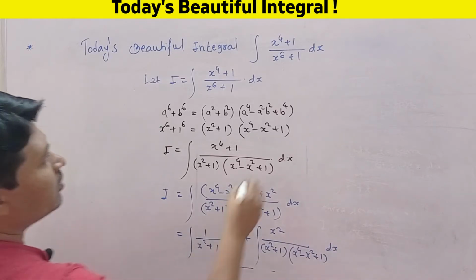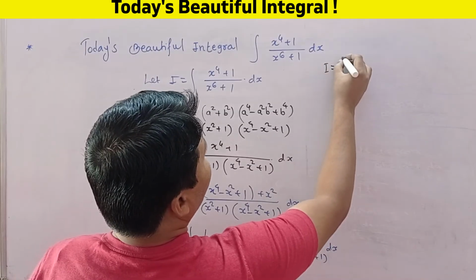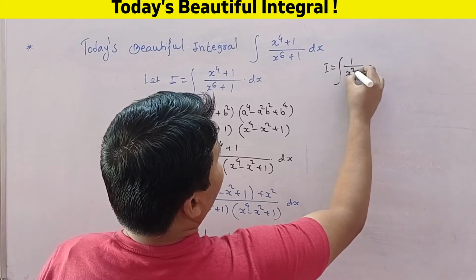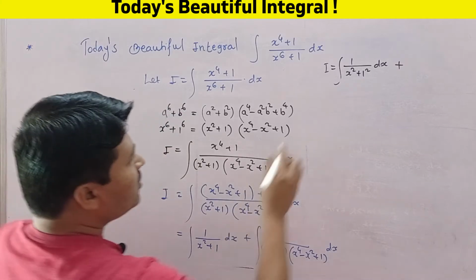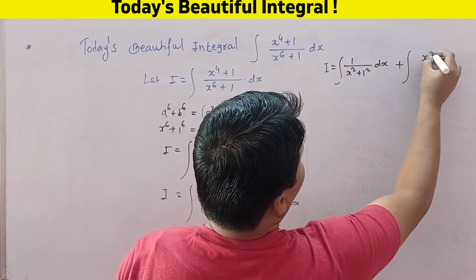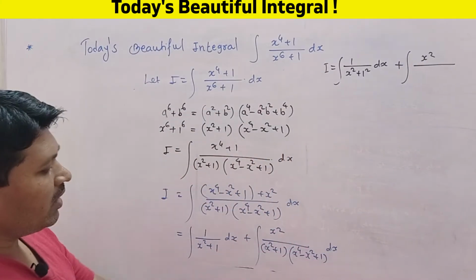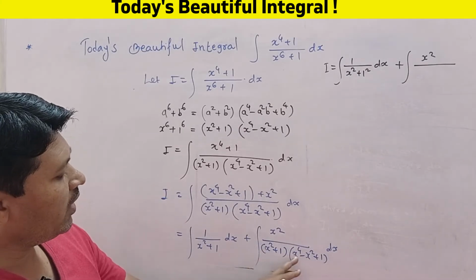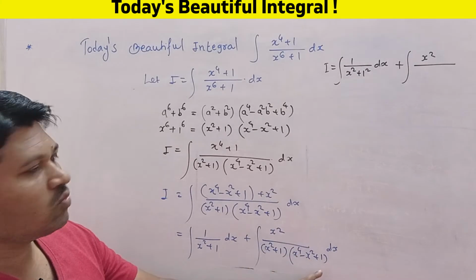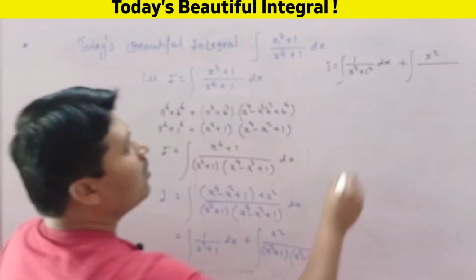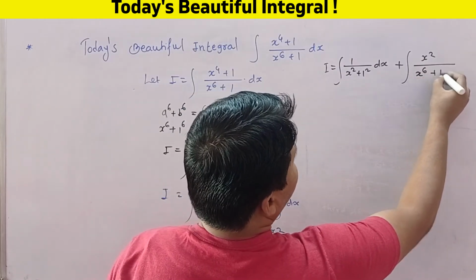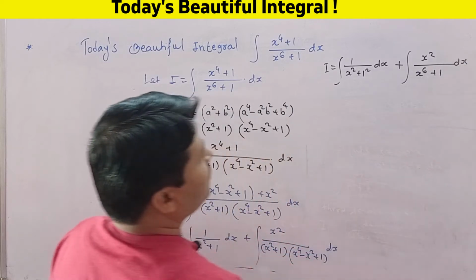So I equals the integral of 1 upon (x^2 + 1) dx plus the integral of x^2 divided by (x^2 + 1)(x^4 - x^2 + 1), which is again x^6 + 1, dx.